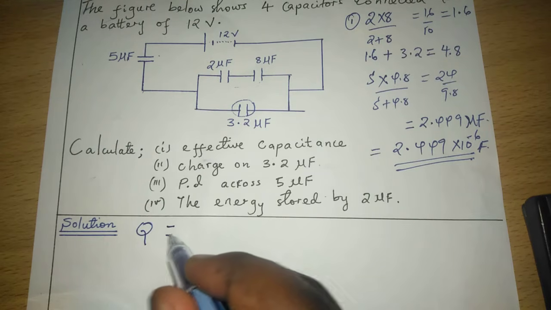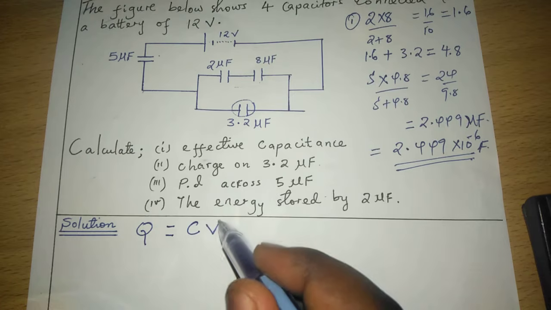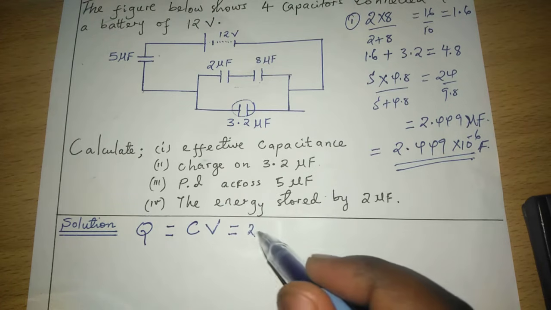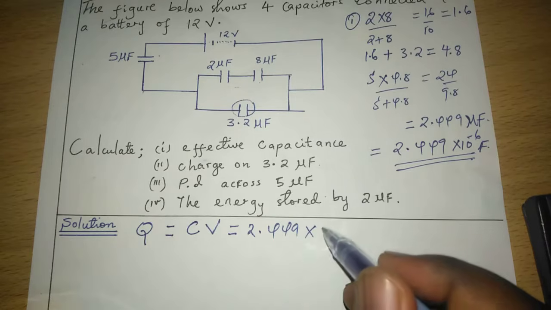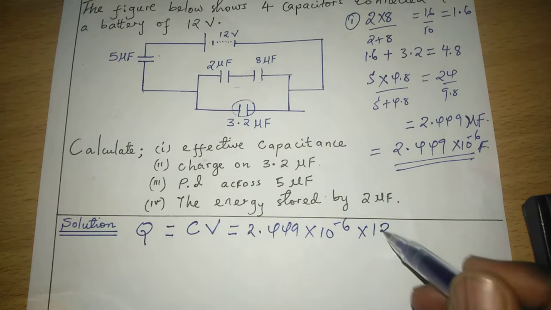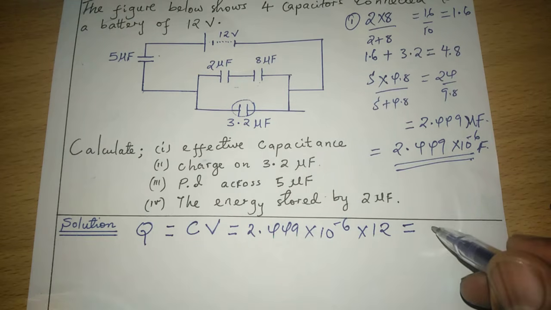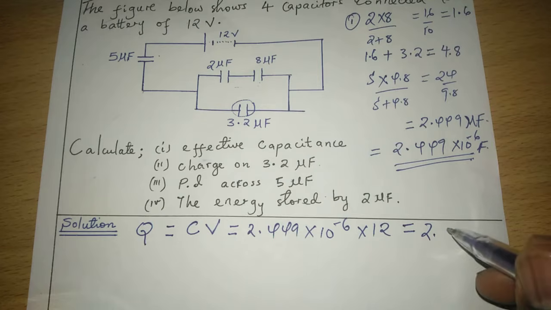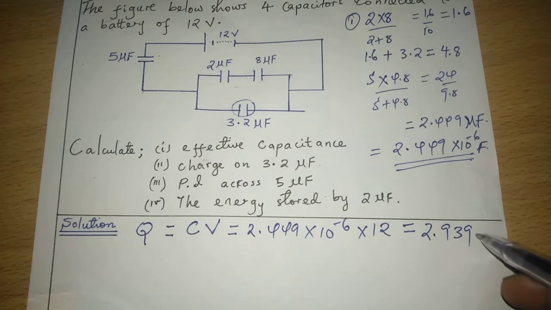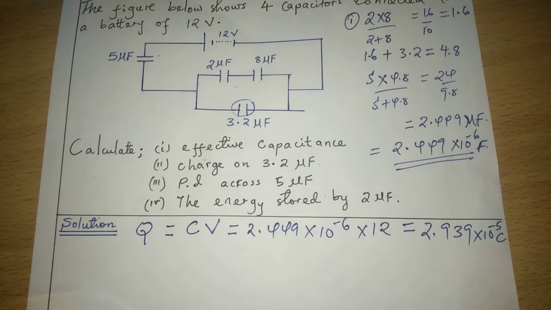So the effective charge is given by Q = CV, capacitance times voltage: 2.449 times 10 power negative 6 multiplied by 12. When we multiply this, we get 2.939 times 10 power negative 5 coulombs. So that is the effective charge in the whole system.